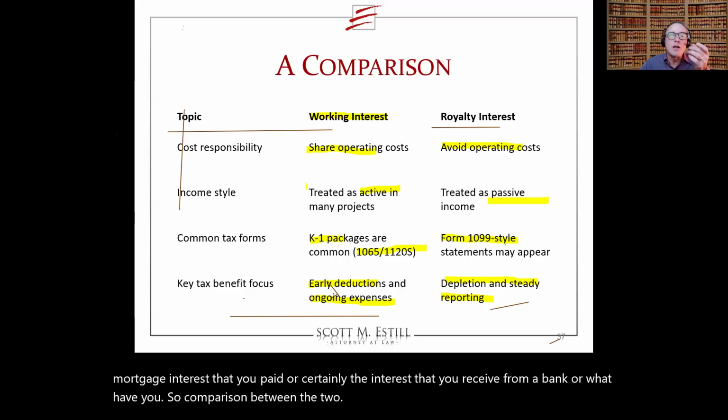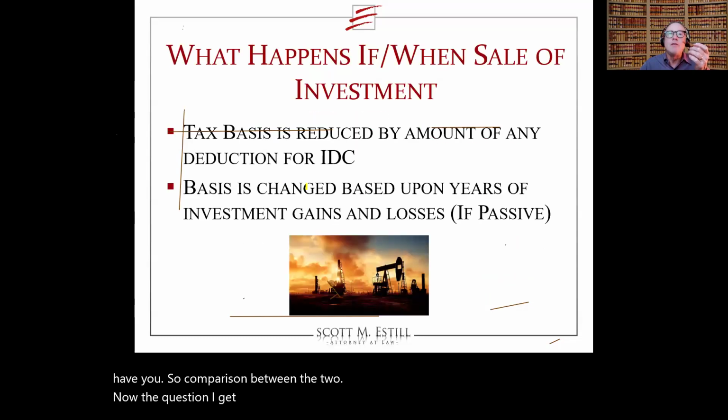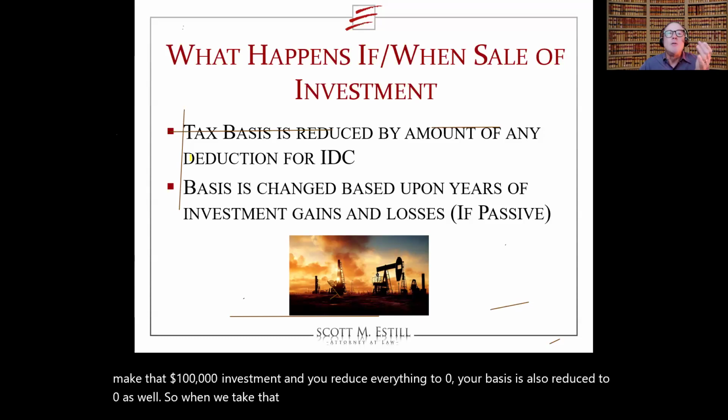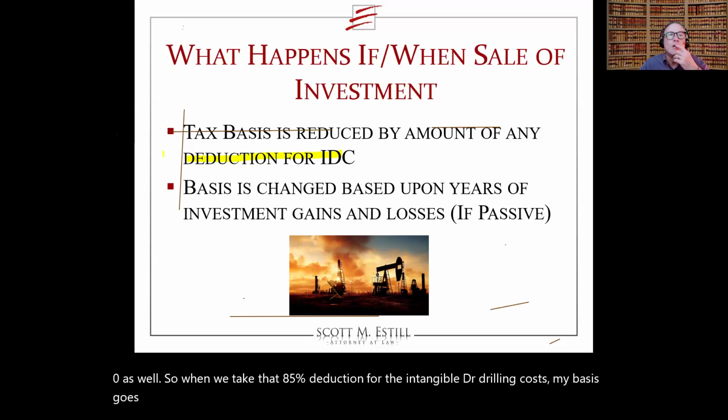Now, the question I get then is, what happens if or when I sell my investment? Well, when you make that $100,000 investment and you reduce everything to zero, your basis is also reduced to zero as well. So when we take that 85% deduction for the intangible drilling costs, my basis goes down by 85% as well.